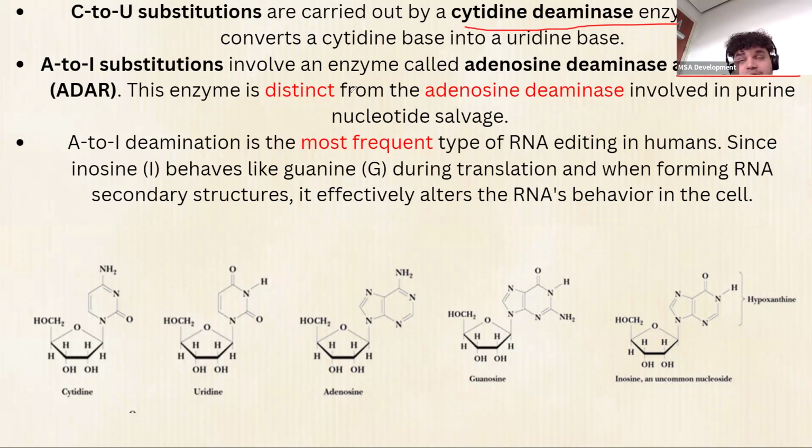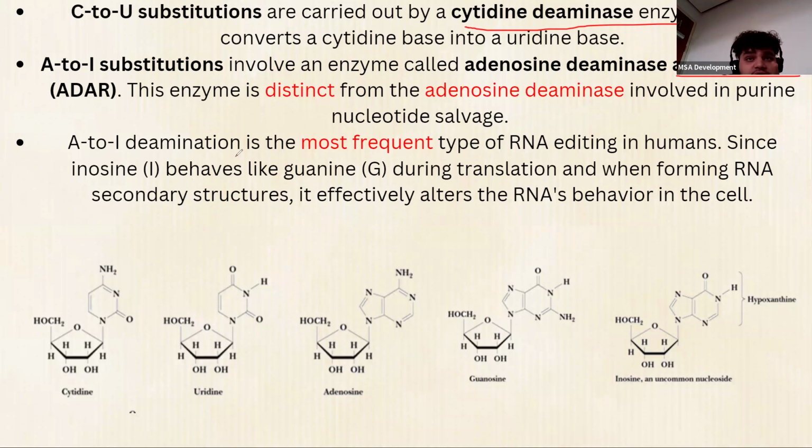Why is it important to remember the acting on RNA part? Because this enzyme is different from the adenosine deaminase involved in purine nucleotide salvage. So C to U is done by cytidine deaminase. A to I is done by ADAR, adenosine deaminase acting on RNA. Not adenosine deaminase, ADAR. Remember this, it's a trick question in the exam.